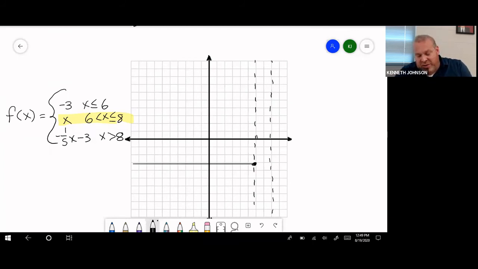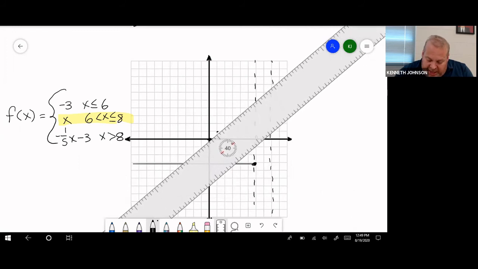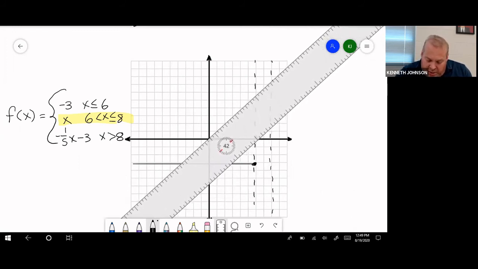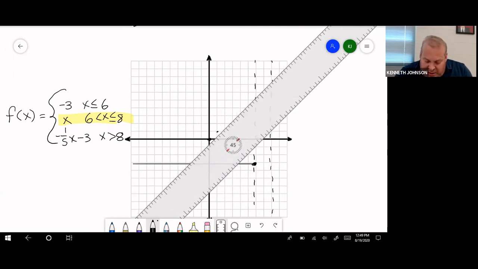Now, the middle function here says that if it's between 6 and 8, use the function y equals x. Y equals x is another one sometimes people have a hard time with, but you have to remember that if there's no y-intercept, if there is no plus b, it's 0. So it goes to the origin, and then the slope is 1, so it goes up 1 over 1. And this is only going to occur between 6 and 8.